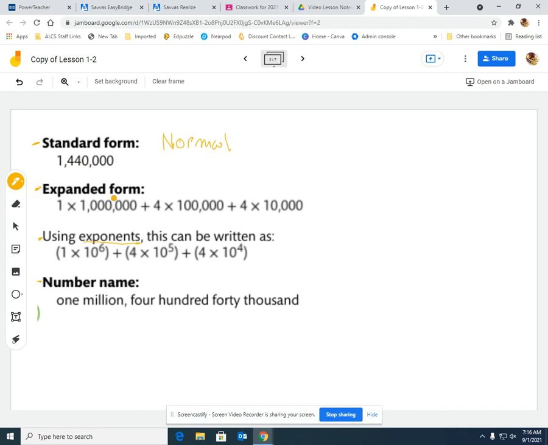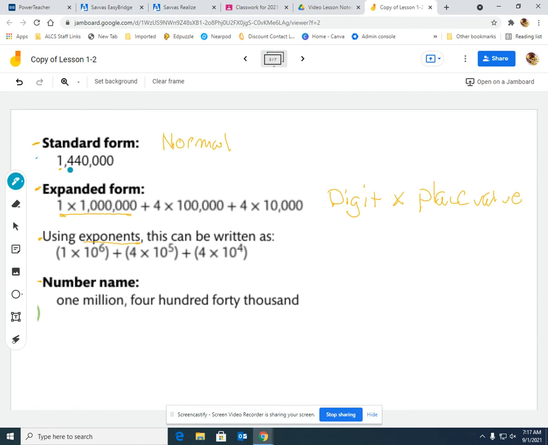When I look at expanded form, we want to look at the digit times its place value. So that 1 is in the millions place, so I would look at 1 times 1 million.